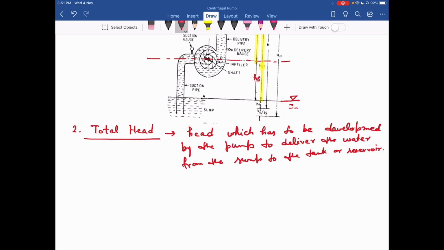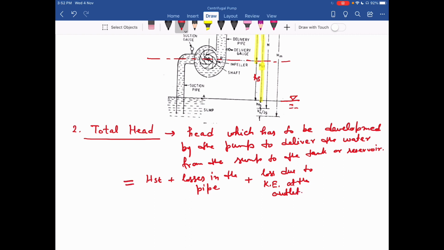So apart from producing the static head, so this includes the static head. So apart from producing the static head, a pump has also to overcome the losses in the pipe, plus the loss due to kinetic energy at the outlet.